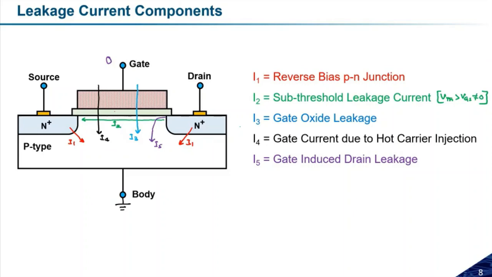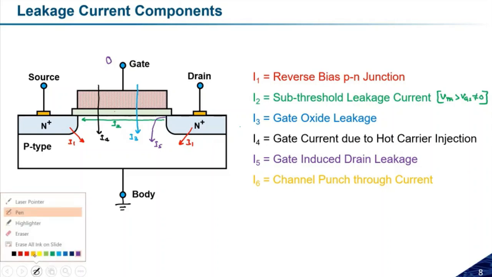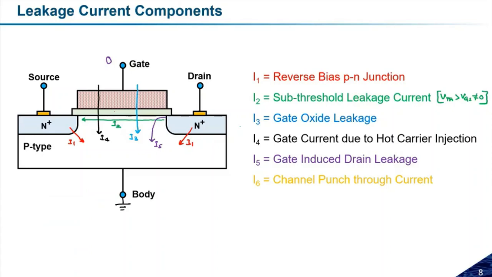We are calling it the gate induced drain leakage current. Okay, the sixth one is the last leakage current component. We are calling it the channel punch through current. What is that? Punch through current is the current flowing between the source and drain region when the channel disappears.